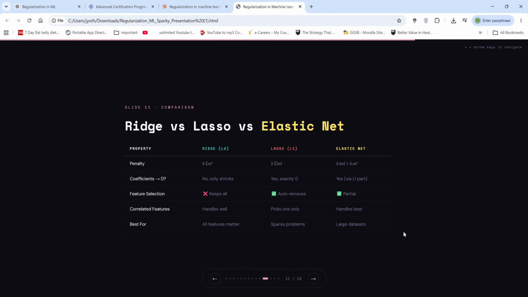Elastic net we use when there is a very large data set, which combines both shrinkage and feature selection. And lambda is the one that controls the strength. And how do we select it? We do this by trying different models based on cross validation.